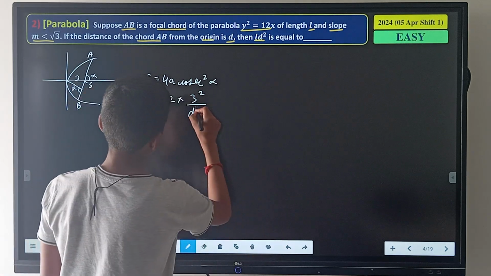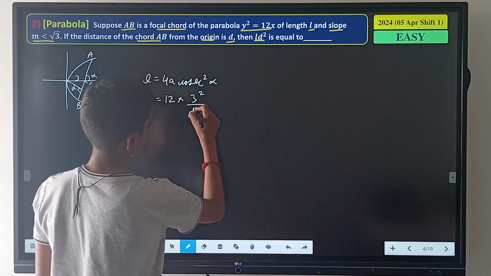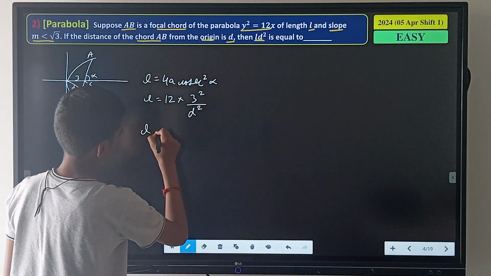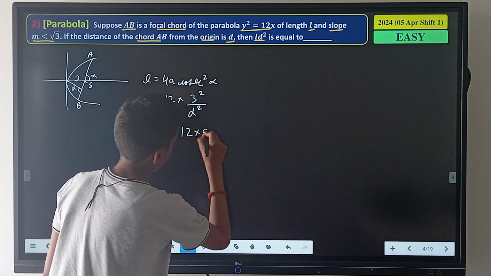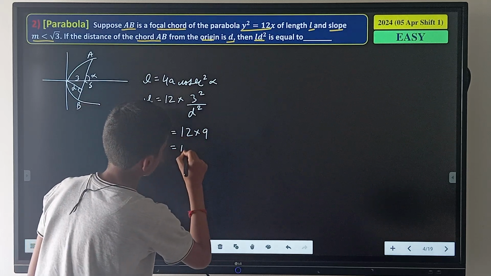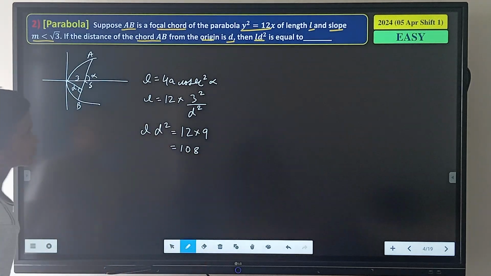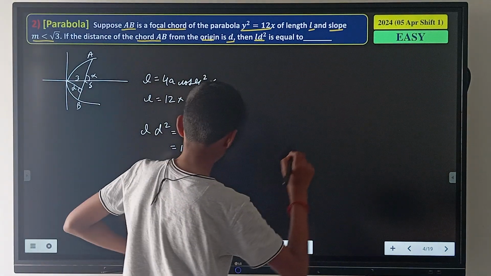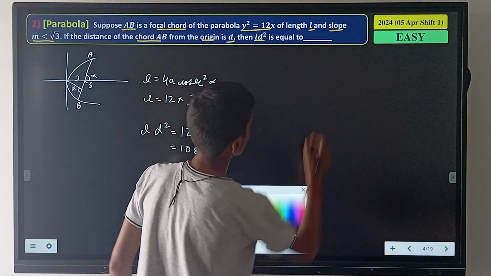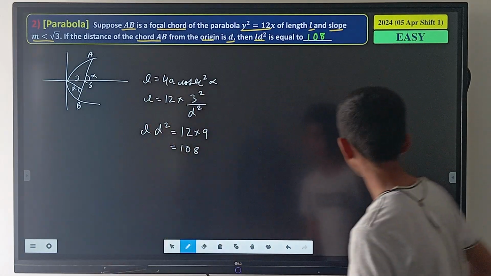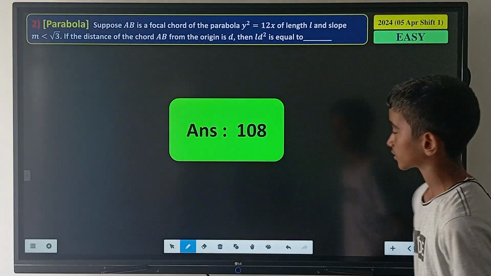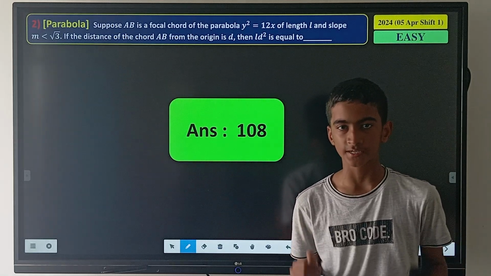So from here our L into d square is equal to 12 into 9, which is equal to 108. So our answer is 108. And here is the solution, and you can see that our answer is correct.